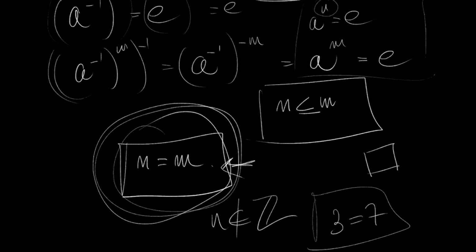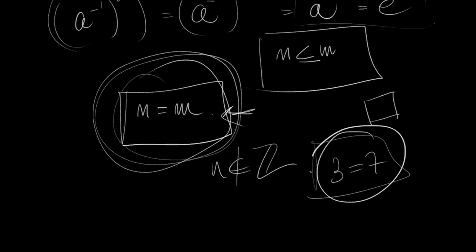Okay, I repeat, if we found this result, it would have been the same, but we wouldn't conclude that 3 equals 7. We would conclude that this is wrong out of our assumption. In this case, we wouldn't conclude, oh, so then n is not an integer. No, we would have concluded that since this contradicts our assumption, then our assumption is false.